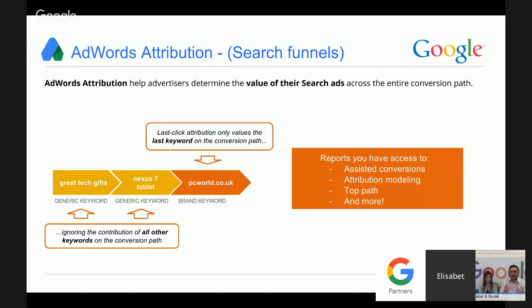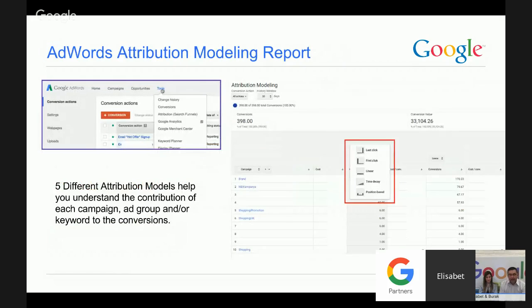Along the path, a user has seen this generic keyword, clicked on the ad, went to your website, checked the product, did not buy it that time, but maybe in a few days, by searching your own brand keyword or some other keyword, they converted. The last click conversion writes to the proper campaign, but you will also see these assist clicks or impressions on the relevant campaign or ad group or keyword.